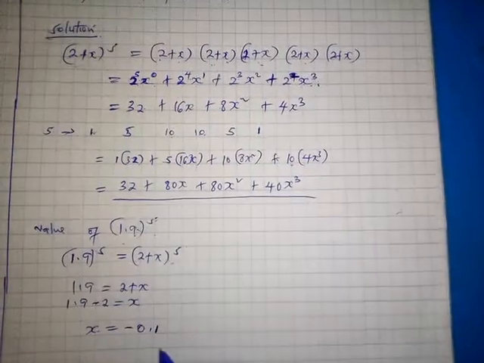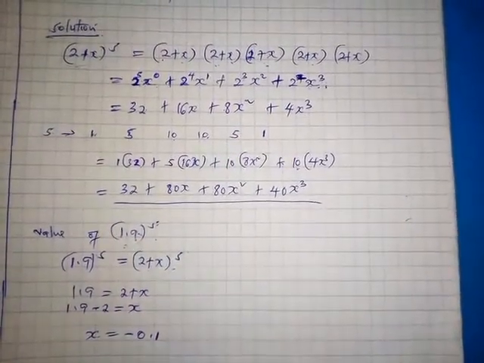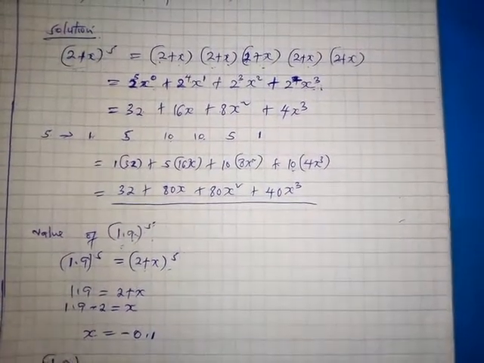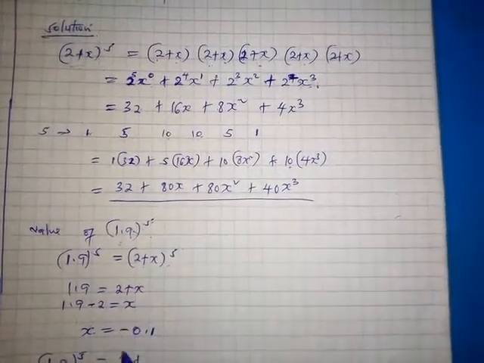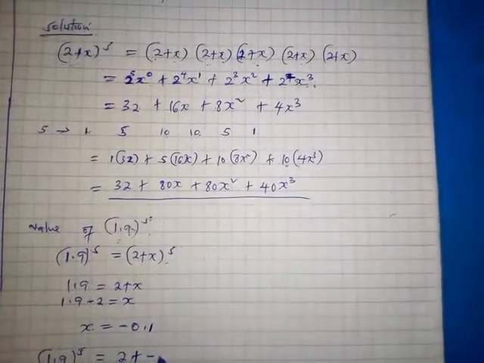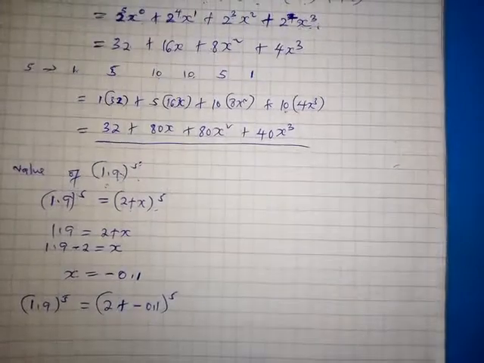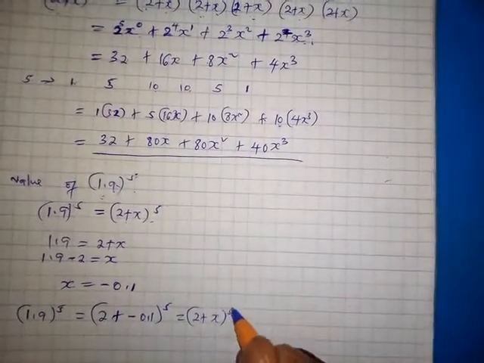negative 0.1. So to write 1.9 in the form 2 + x, 1.9 raised to power 5 is equal to (2 + (-0.1)) raised to power 5, which is the same as (2 + x) raised to power 5.